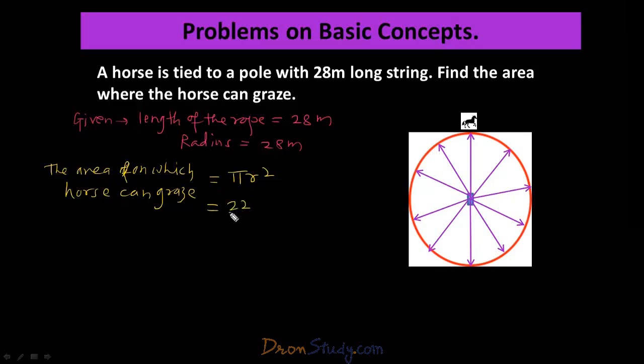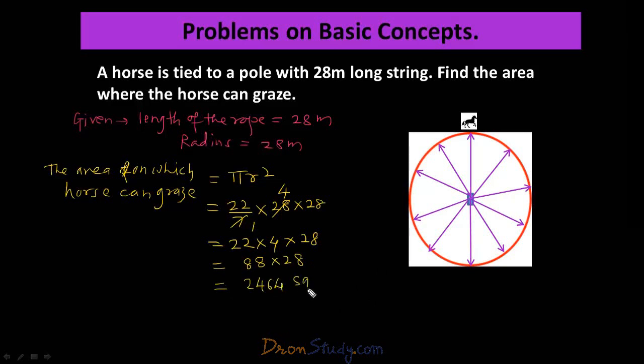So which is equal to 22 by 7 into r is 28 into r is 28, 7 ones are 7, 7 fours are 28, so which is equal to 22 into 4 into 28. So which is equal to 4 2s are 8, 8 into 28. This is equal to 2464 square centimeter.